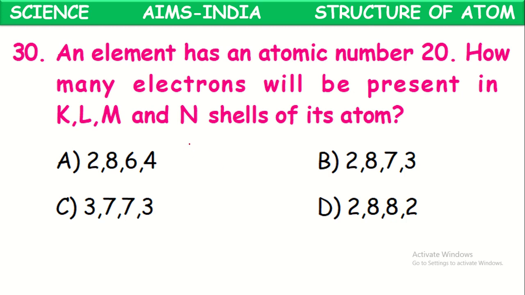For 20, if we write the configuration, what we get? 2, next the second shell 8 electrons, and then actually the third shell can accommodate a maximum of 18 electrons according to the formula 2n square. But if it is the outermost shell, there should be maximum 8 electrons only. So first it will have 8 electrons. Remaining electrons will enter into the fourth shell. This will be the electronic configuration of that element. It is the correct answer here. It is actually calcium.